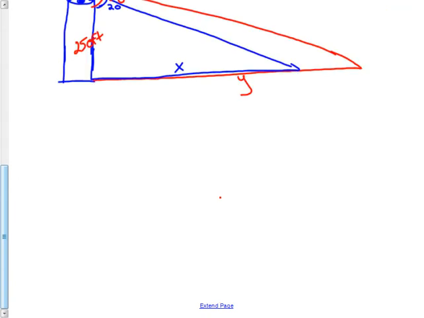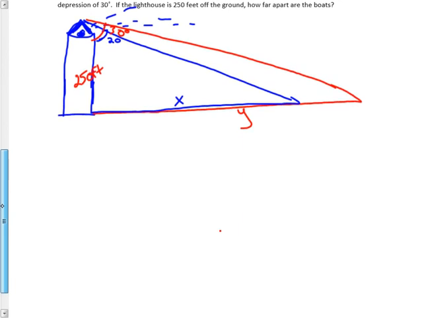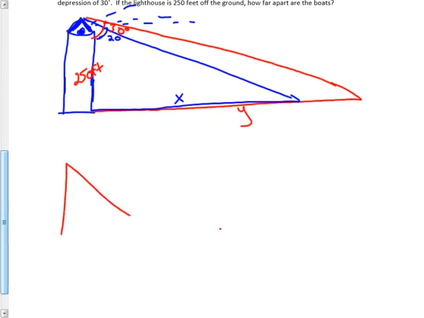So when I look at this, I've got triangle number 1, looks like this, with a 30-degree angle here. And I'm looking for this, with 250 over here. And triangle number 2 looks like this, with 250 over here.